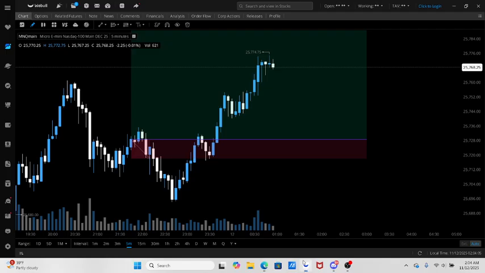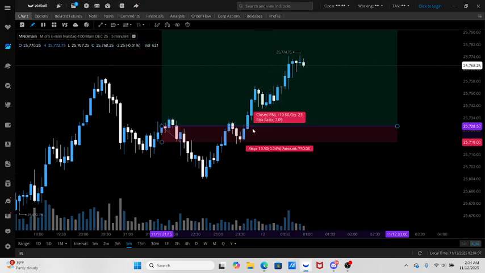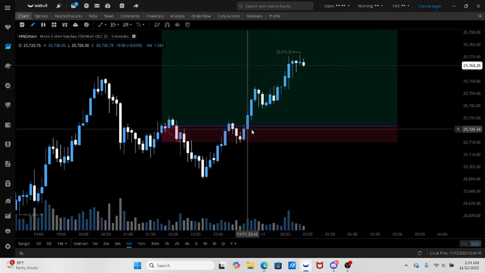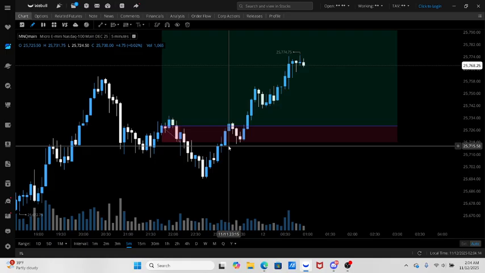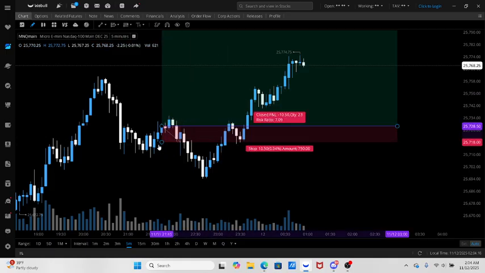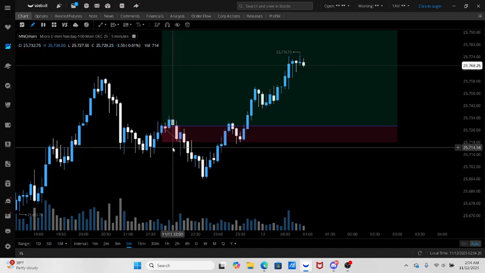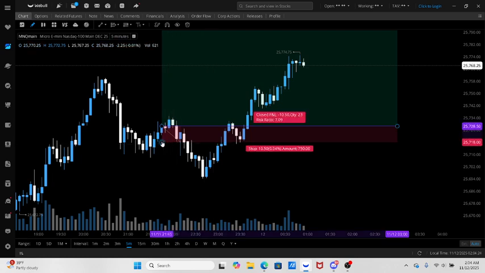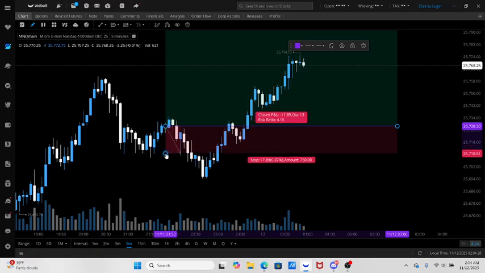For example, say you enter right here. You looking at my chart? Mm-hmm. All right, so say you're using the bottom of this order block as your stop, or even something like this.